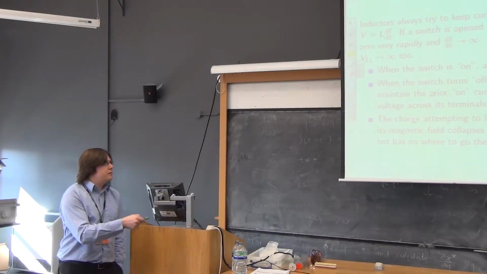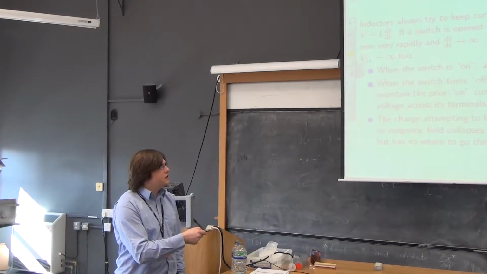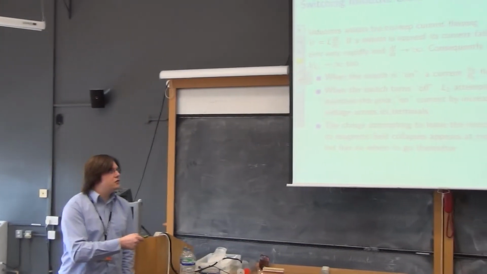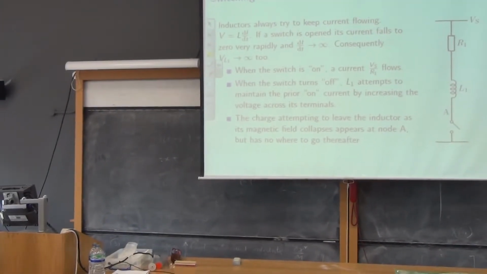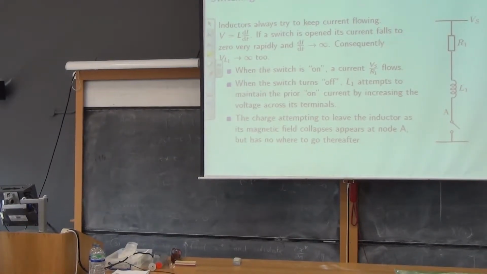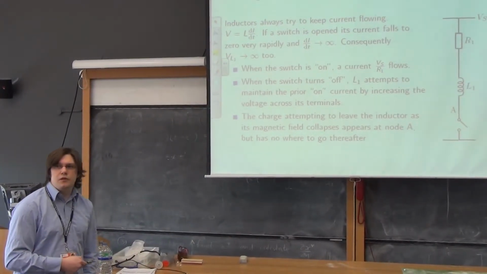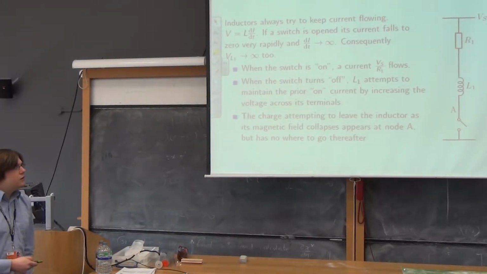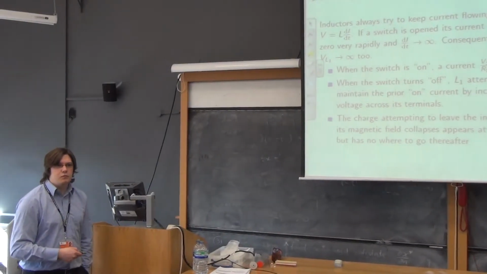So if I have a current flowing in L1 and R1, and I open the switch, this inductor will have a magnetic field surrounding it, which contains the energy that's stored in it according to half L i squared. And that energy will leave because the magnetic field is sustained by the current that's flowing. So we have this energy which is guaranteed to go somewhere because the magnetic field will collapse.